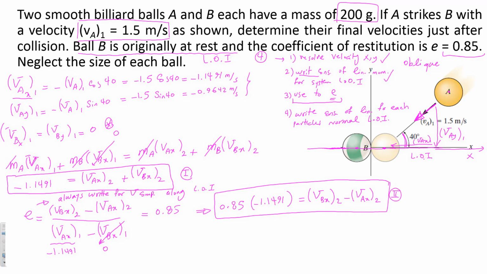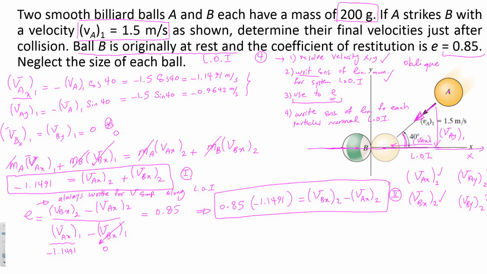If I use these two equations, I can find VAX and VBX right after the impact. But how about VAY and VBY after the impact?